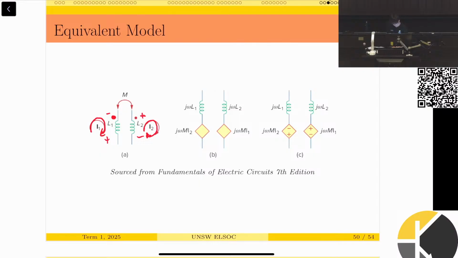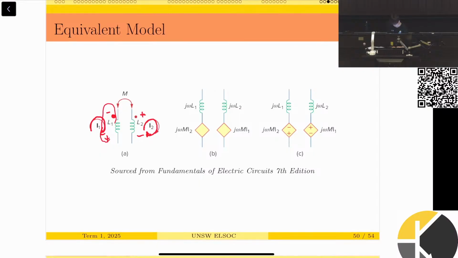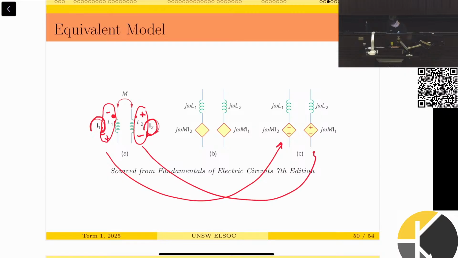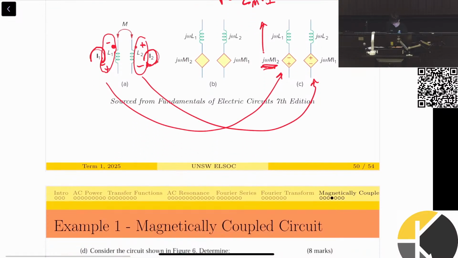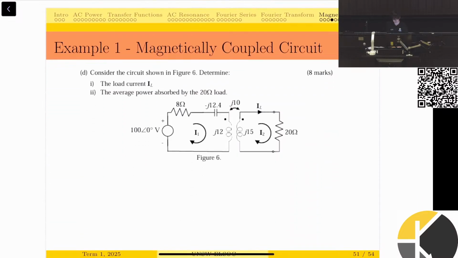So all I have to do is take the polarity of the mutual inductances and convert those directly into dependent voltage sources. And these voltage sources will have a value of our mutual inductance times I2, because this is just the impedance of our mutual inductance times the current, which will give us a value for voltage.